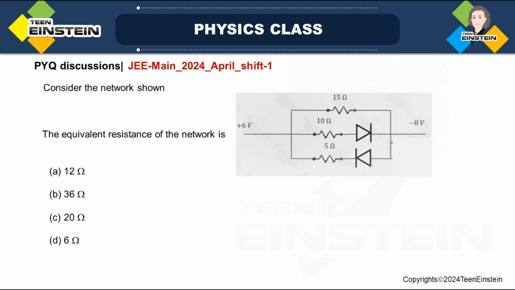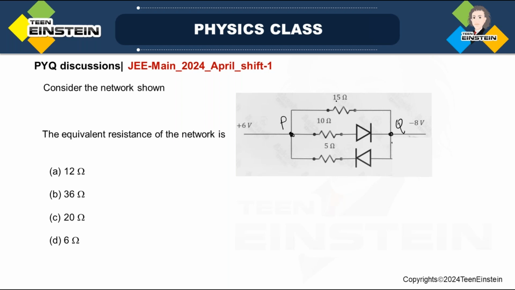Okay, now let us go to the next problem. This problem is saying consider the network shown here. There are two diodes and one resistor. Suppose this point is P, this point is Q. This is the common point for all these three branches.